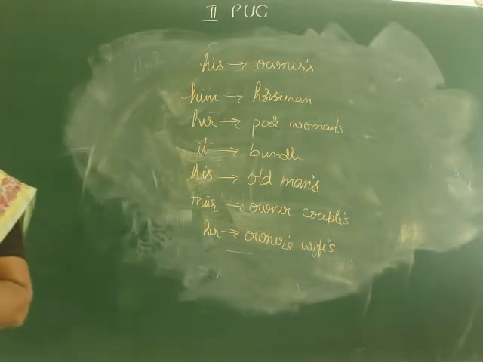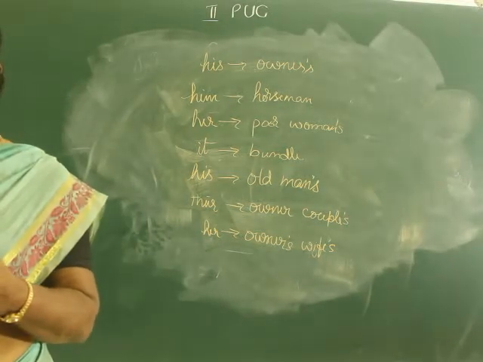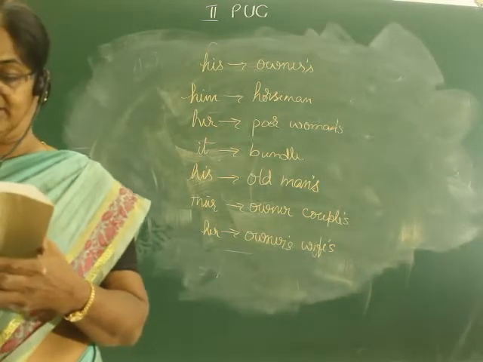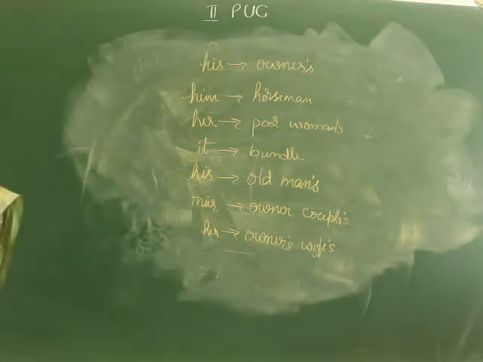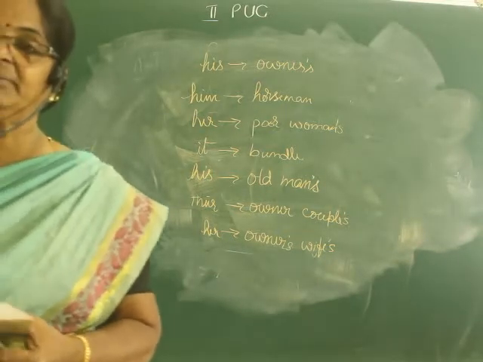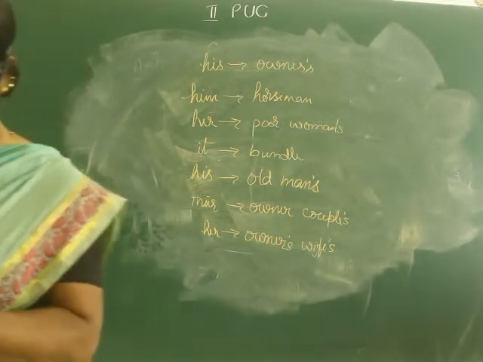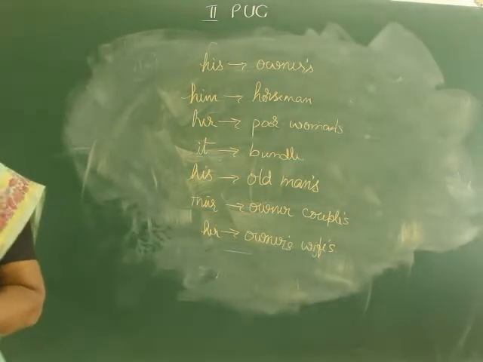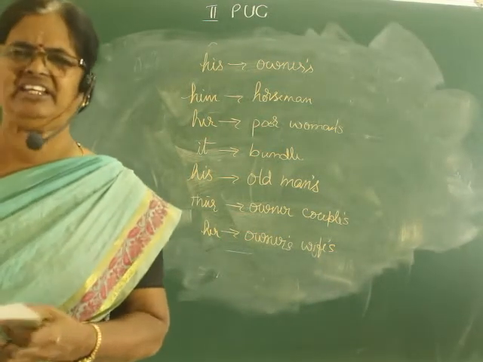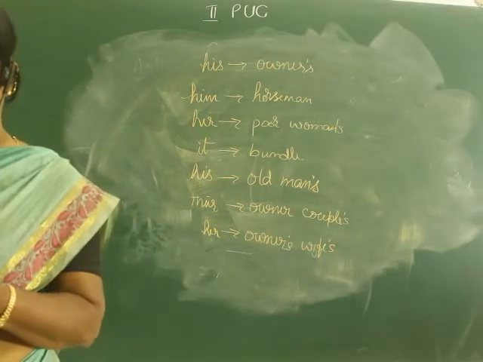Next, the son asked his parents' assent for the marriage. Here, which assent? A-S-S-E-N-T. Assent means permission. Disperse means go in different ways, spread to further places.